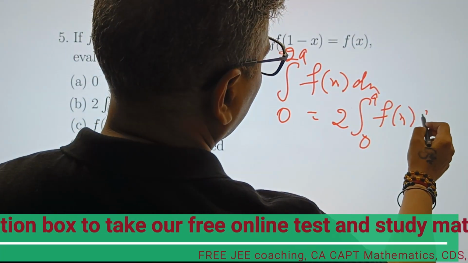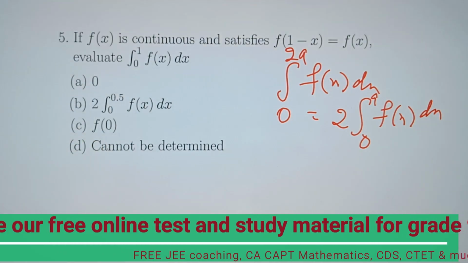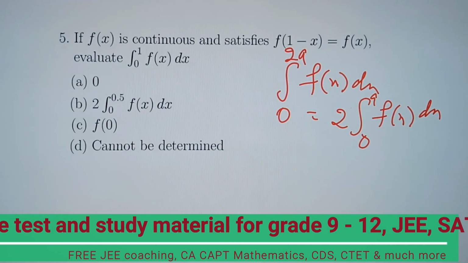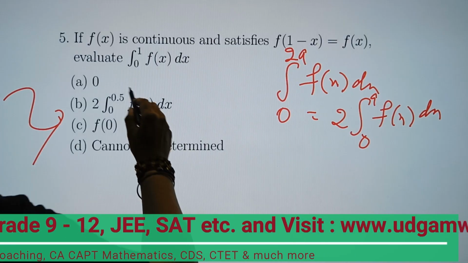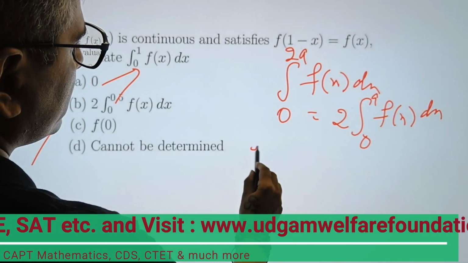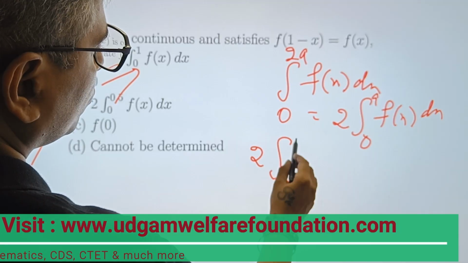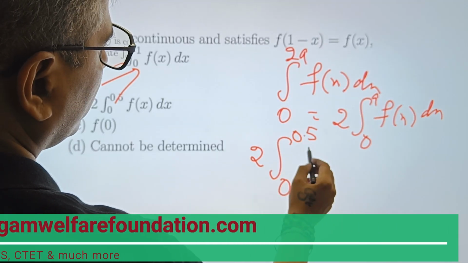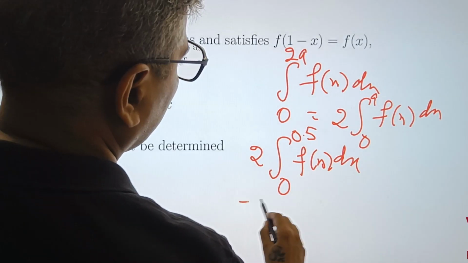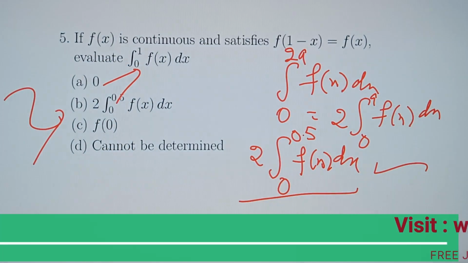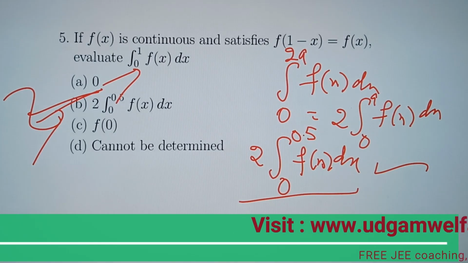Very simple. So if we put this property in these results, we can write this particular function as twice the integral from 0 to 0.5, or 1 by 2, of f(x) dx. Very simple. So if we match our options, then we can see that option number B is the correct answer here.